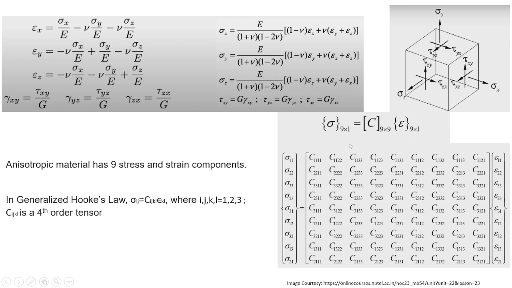This coefficient matrix is a fourth order tensor, as 3 to the power 4 is equal to 9 cross 9, hence it is a fourth order tensor.